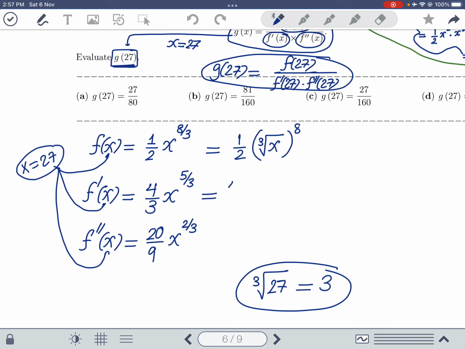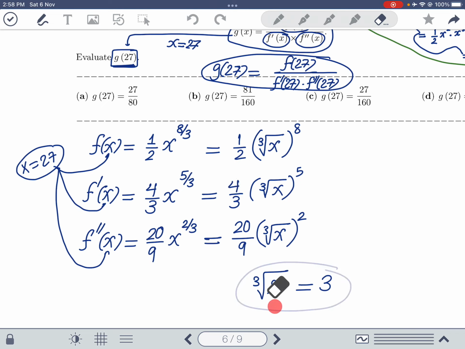This is 4/3 cubic root of x to the power 5. And the last one is 20/9 cubic radical of x squared. I wrote them like this because I know that I will do cubic root of 27 and I know it's 3. So that will make it just easier to substitute things.